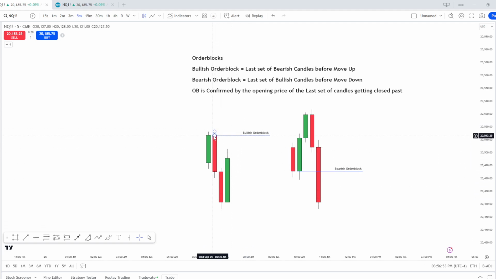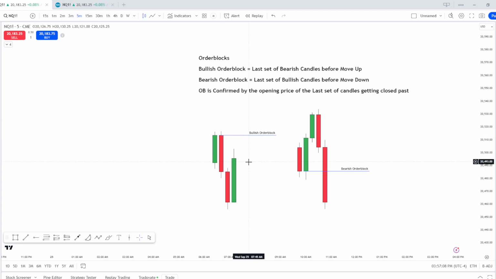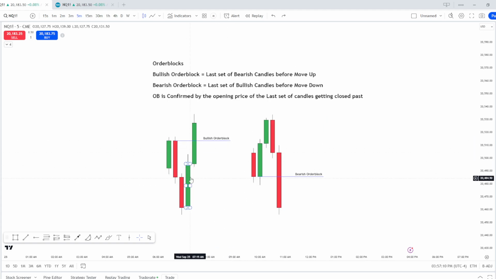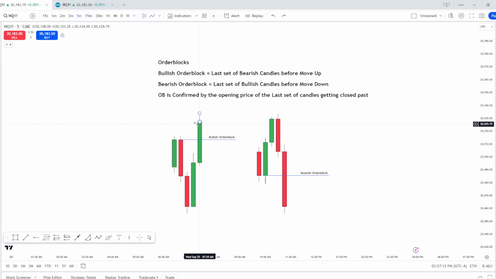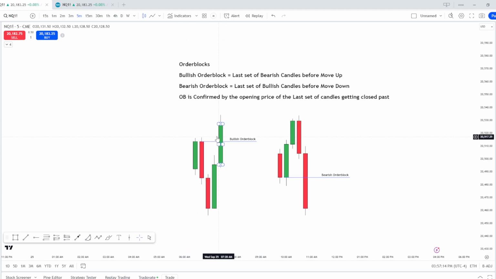Once this opening price gets closed above, that means this is now an order block, because this opening price that sent price down and created this wick of resistance failed to hold. So once we close back above this opening price with a higher price, this is now a bullish order block.